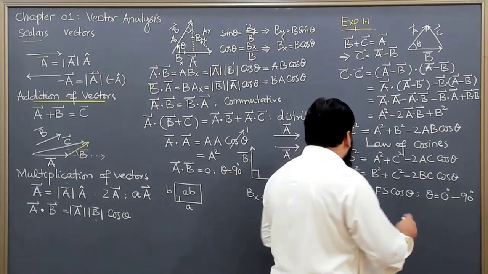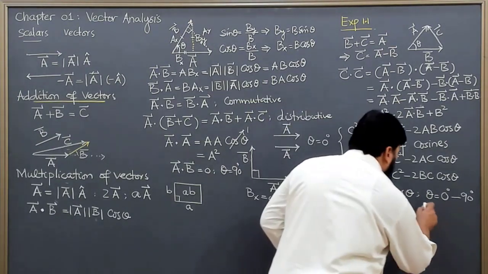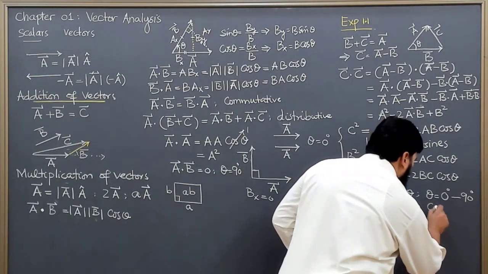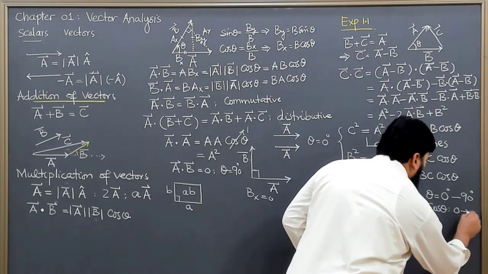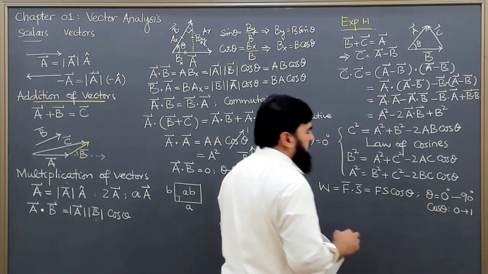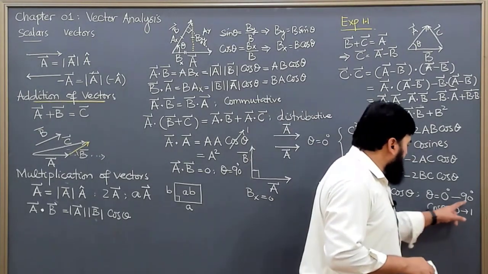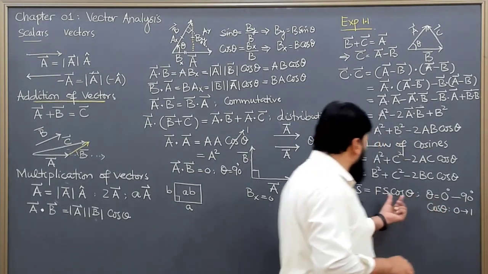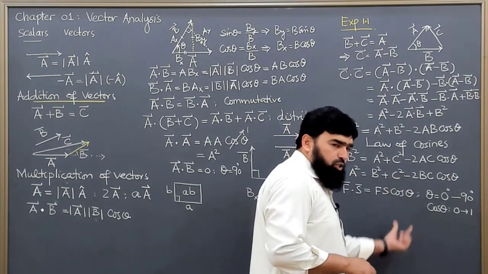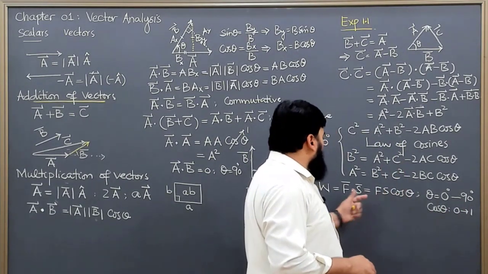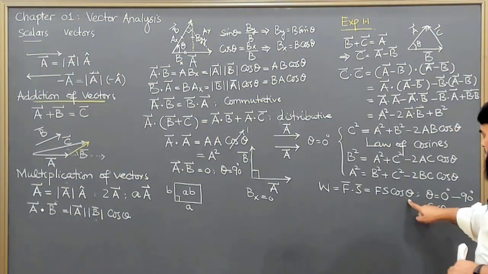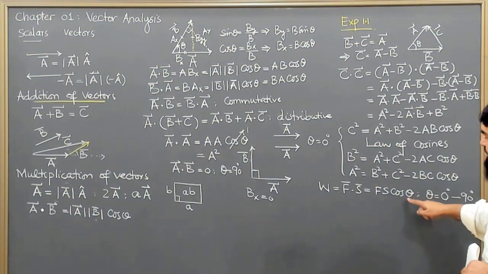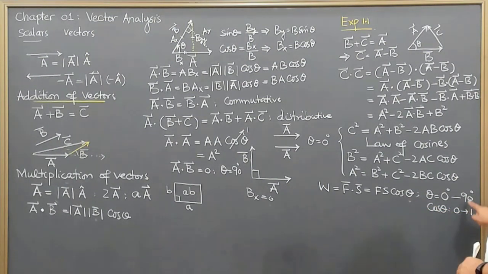So it means our work will be due to cos theta. Cos theta will then go between 0 and 1. So our work will be maximum if the angle is 0, and our work will be minimum or 0 when the angle is equal to 90.